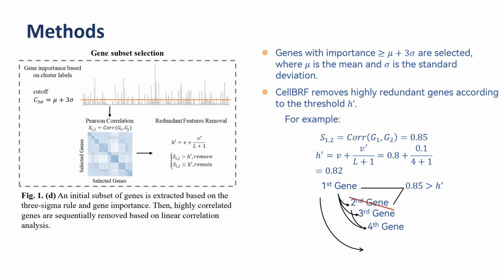To determine the threshold, we calculate the adjusted value, default is 0.1, divided by the length of the unanalyzed genes plus 1. Add this value to the initial value, default is 0.8, to obtain the final value of 0.82. Since the similarity S12 between the first 2 genes exceeds the threshold, the second gene is removed. After removing these redundant genes, we get the final selected gene subset.